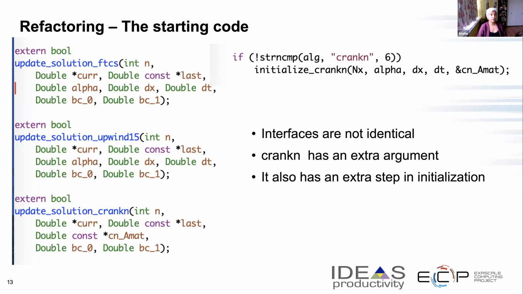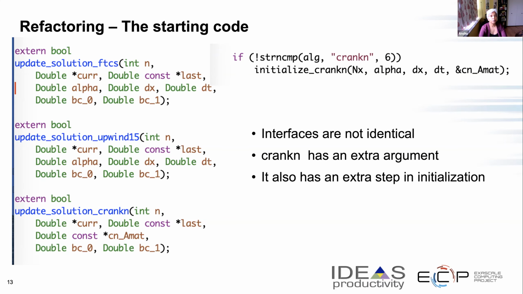Our starting code looks like this. We have update solution FTCS, update solution upwind, and update solution Crank-Nicholson. We turn them into external booleans. We also noticed that the initialization for Crank-Nicholson is different, so the interfaces are not identical. Crank-Nicholson has an extra argument, and it also has an extra step in initialization.